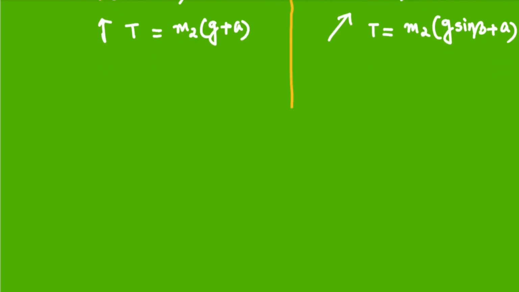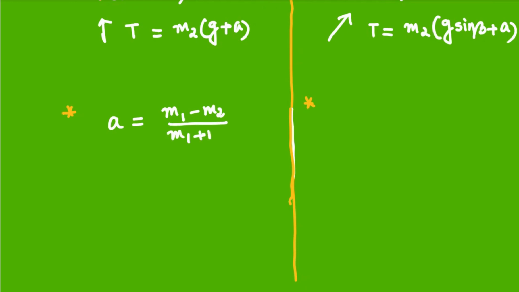Now what about the common acceleration? Formula of common acceleration on the left hand side: a equal m1 minus m2 whole divided by m1 plus m2, bracket closed into g.